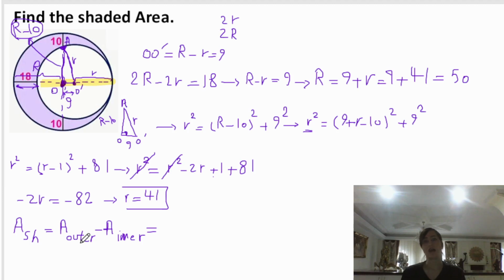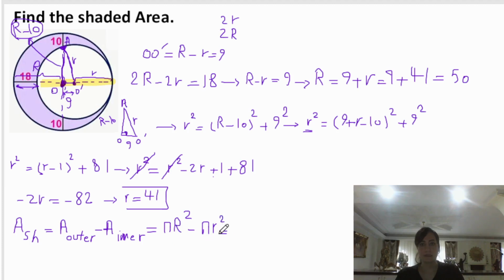We know the area of a circle is pi r squared. So it would be pi capital R squared minus pi small r squared.